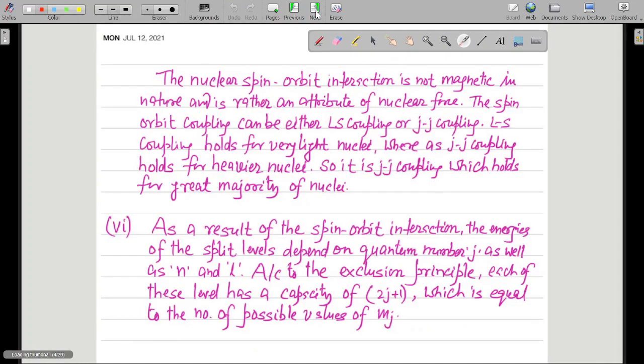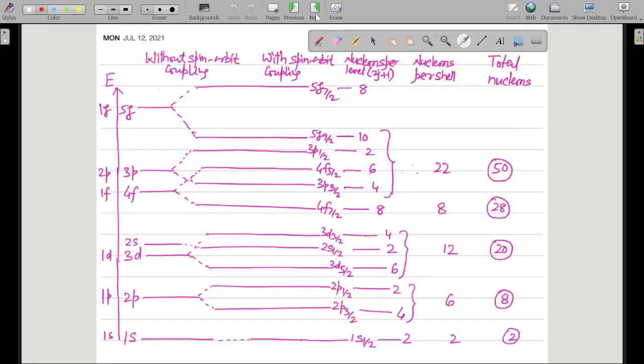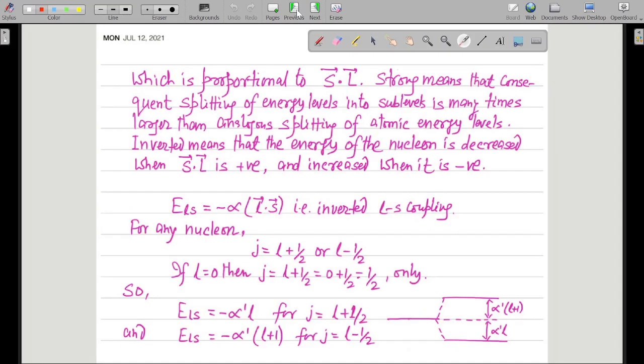So you can see over here that actually the splitting takes place in this manner, that the lower value of J is upwards and the higher value of J is downwards. So the higher value of J has lower energy, you can see over here. And lower value of J has higher energy, you can see over here clearly. So that is the thing. Why higher energy?